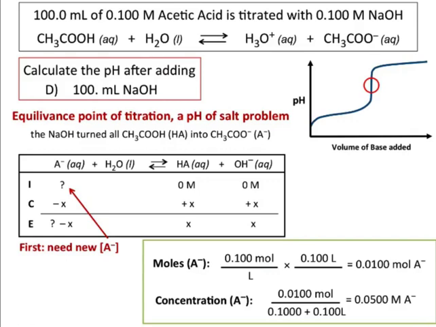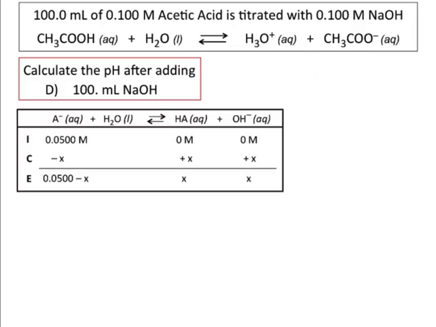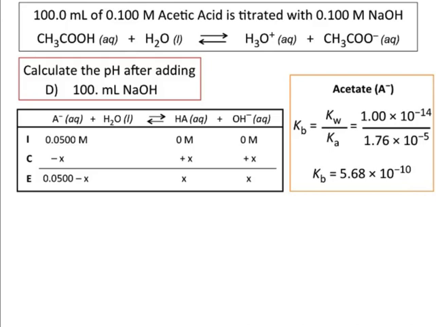It gives you the same numbers. So here's the number of moles. Then you divide by liters. Again, your total volume has increased. So now we have 200 milliliters total, so we have to account for that dilution. And then once we do that, we can plug this number back into our icebox and solve. One more step. We need the Kb for this because this is a base equation.